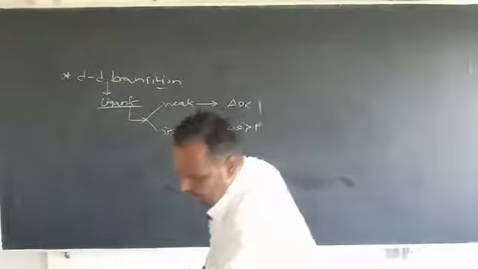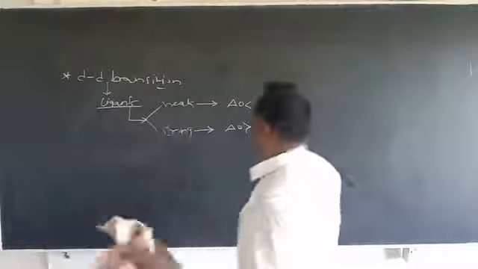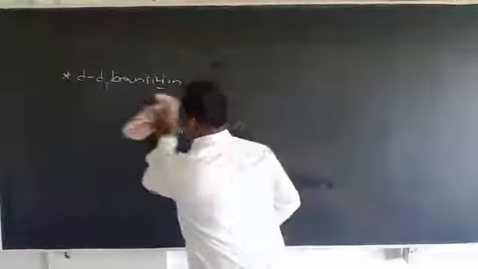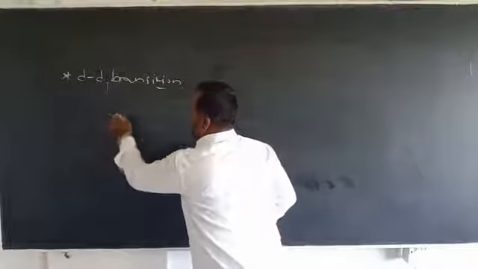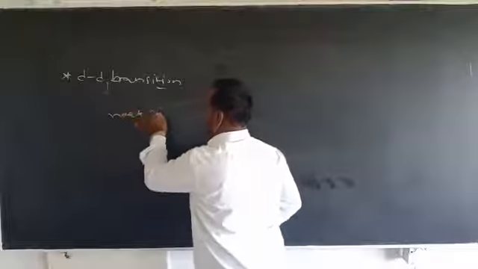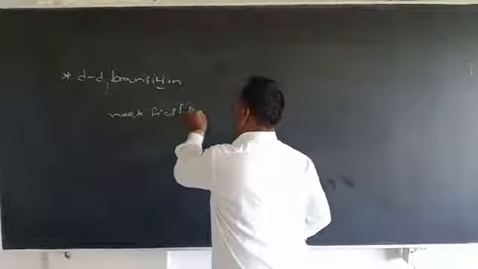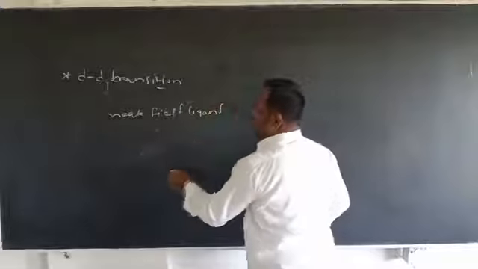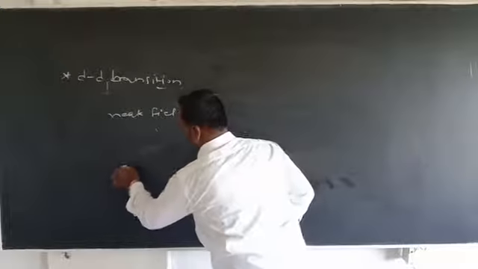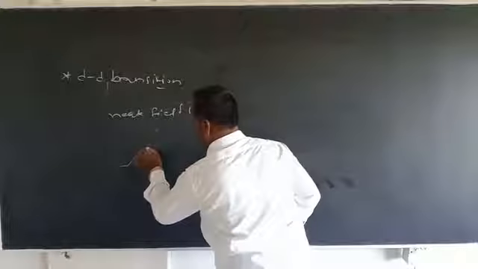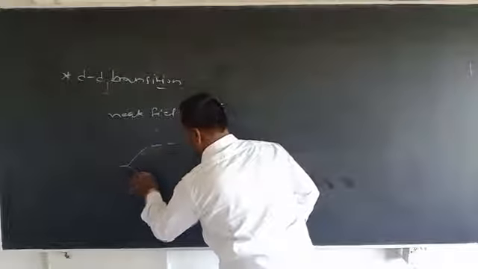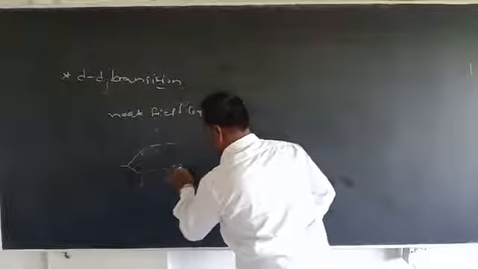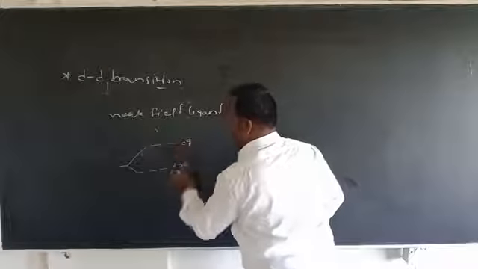Let us consider the nature of the ligand. If you consider a weak field ligand, the d orbital is split into t2g and eg.